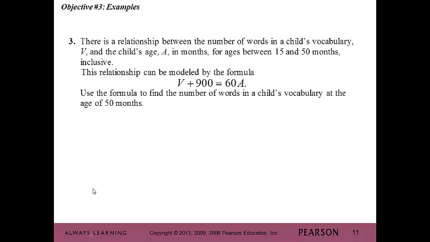Then it says use the formula to find the number of words in a child's vocabulary at the age of 50 months. Now, the key thing about formulas is to recognize what the variables stand for. So V represents the number of words in a child's vocabulary.